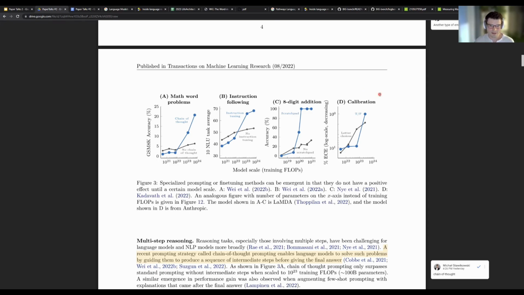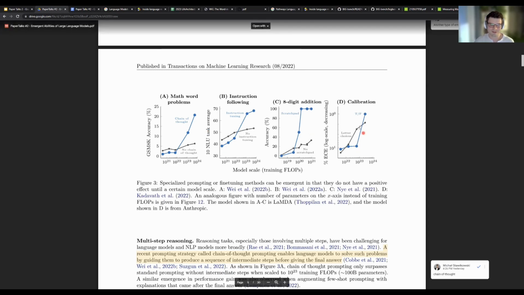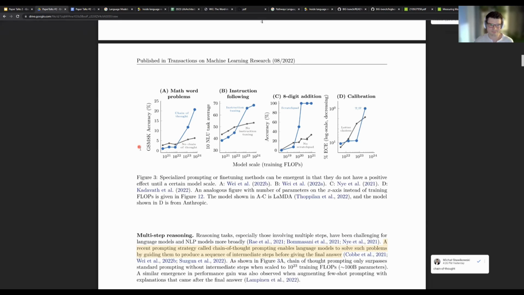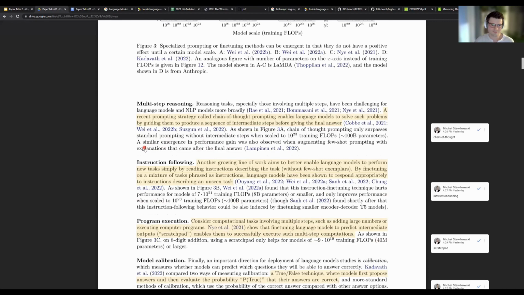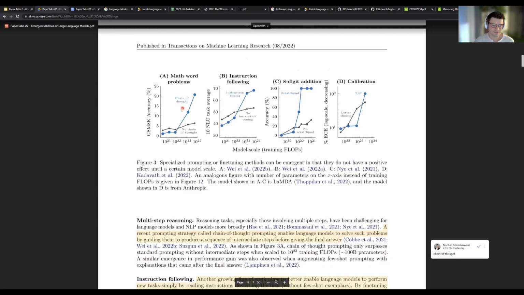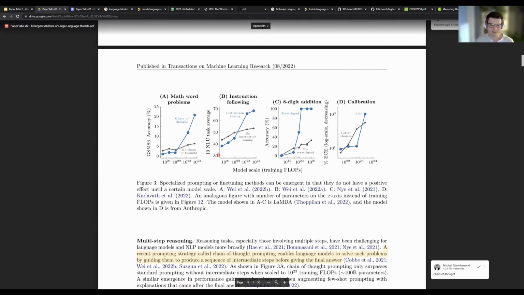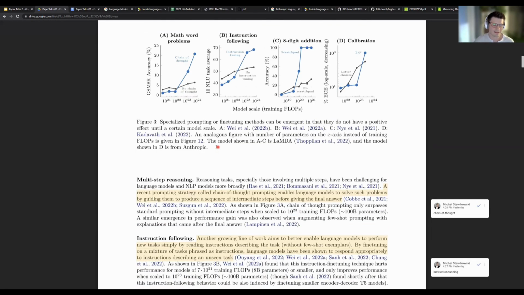There is also a task about calibration, and here it isn't looking as good as the others, but there is also some emergent ability here. Yes, so this is a different group of tasks where we can observe these emergent abilities too, but from a little bit different perspective.